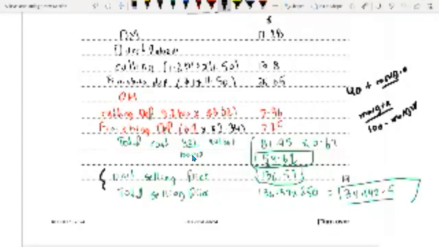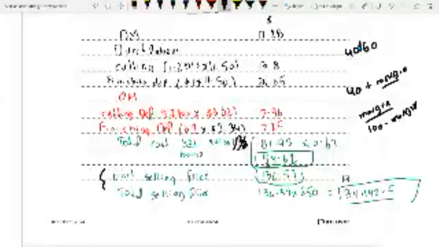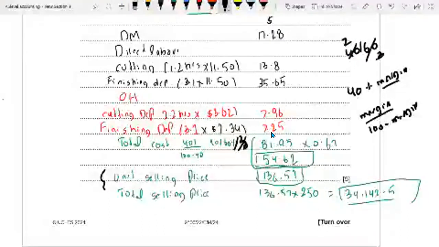So 40% is the margin, and 100 minus 40 is 60, so 40 over 60. If you calculate this, maybe you will get the answer in decimal form, but it's better if you write 2 over 3, because 2 twos are 4 and 2 threes are 6. So 2 over 3 is our answer.